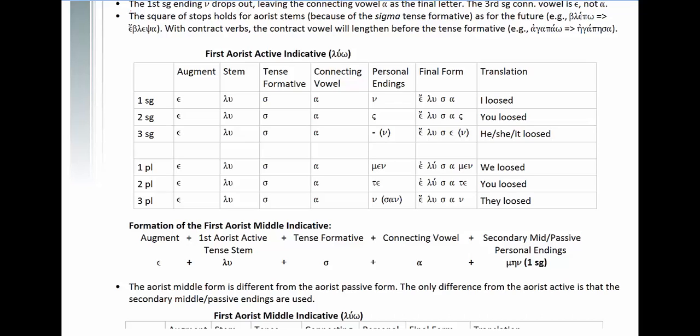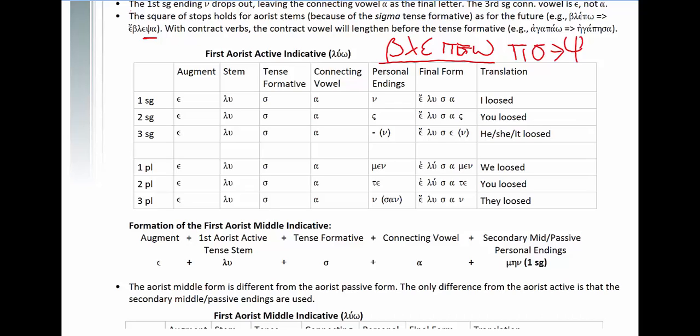So if we were to write this out, it would be like blep and then so. So you already have blepso. The square of stops comes into play here, and the P sigma basically just turns into a psi like that.